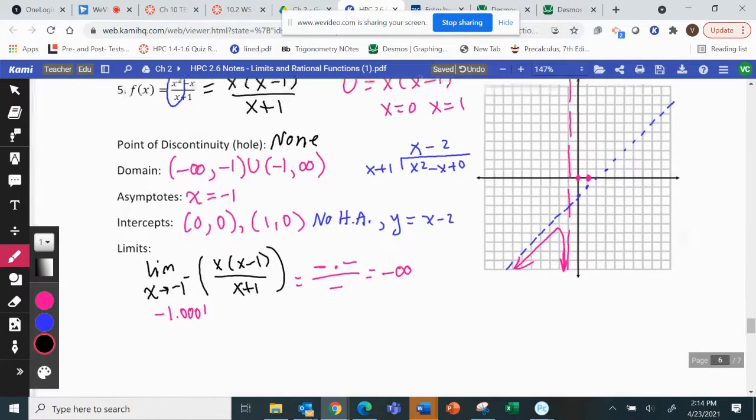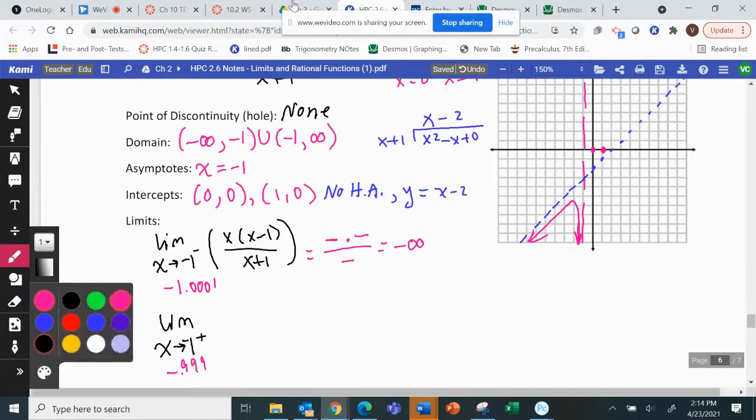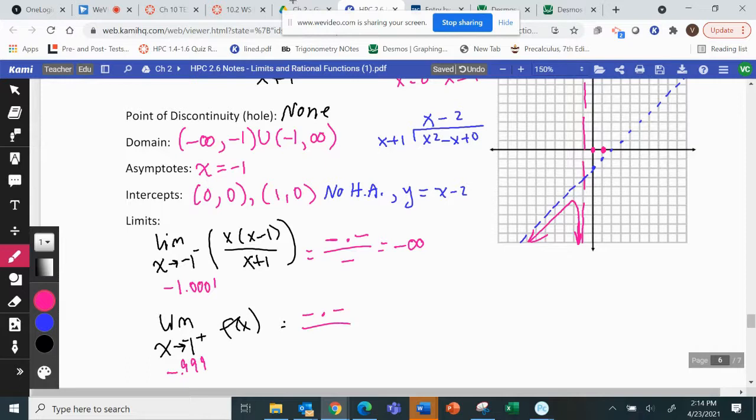And then I'll do the same limit, but to the right. So I'll do negative 0.999. So that will be negative multiplied by a negative divided by a positive.